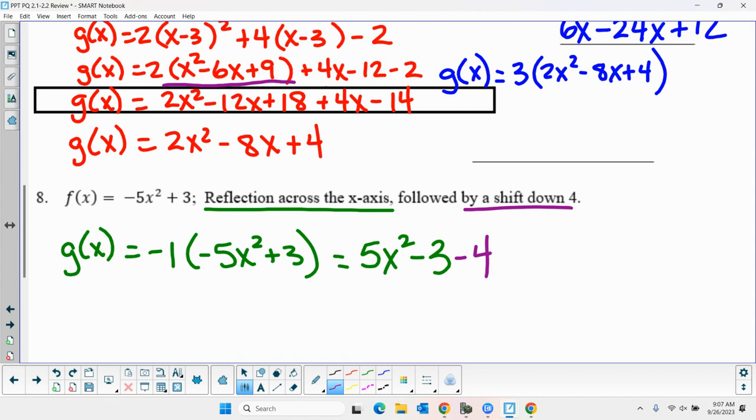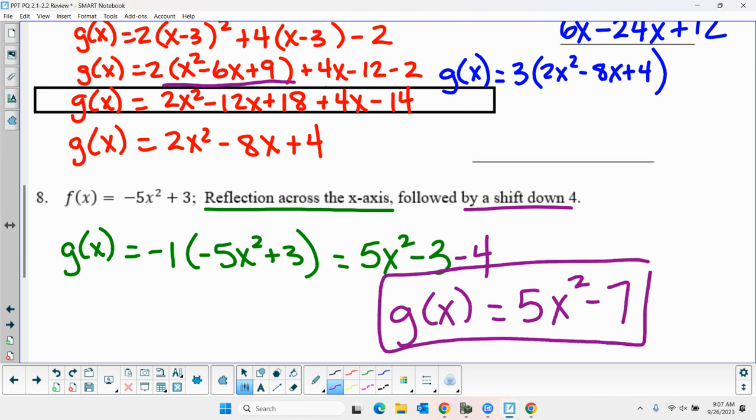So our answer is g of x equals 5x squared minus 7. That one's a little easier. So reflection across the x, you just multiply the whole thing by negative 1. And then up or down: down's minus, up would be plus on the end.